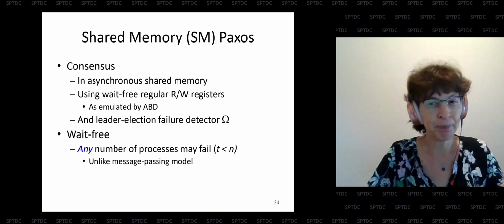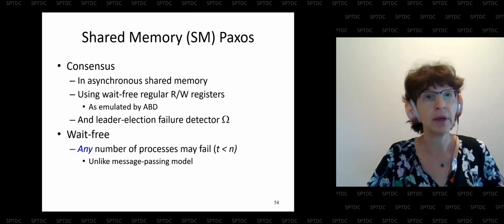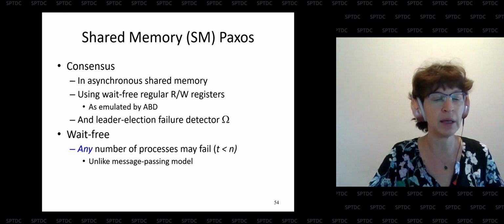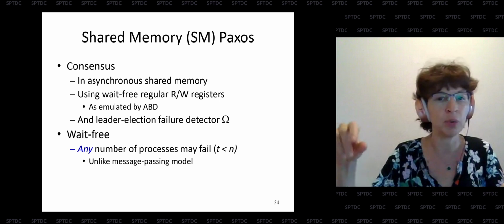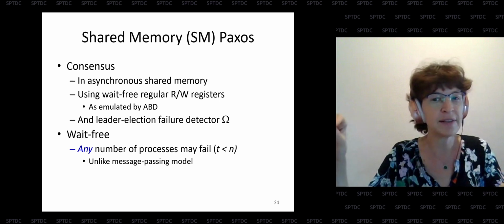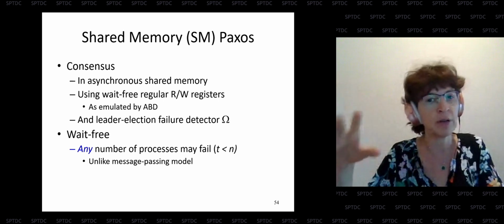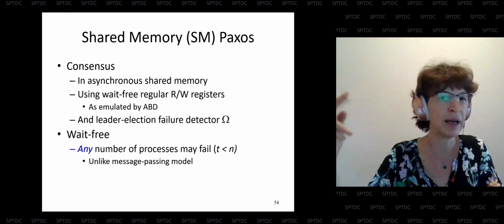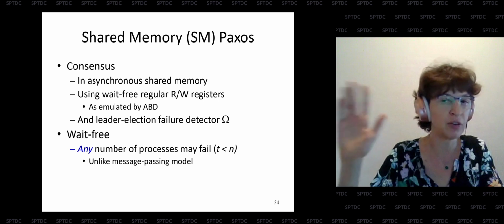This might be surprising because we know that in an asynchronous system, we need a majority to solve consensus, but we already used up our majority in the emulation of the reliable register. Maybe this will be clearer later in the talk, but the idea is that we have clients and servers, so we use a majority of correct servers to emulate the registers. Now we have the registers, we solve consensus among the clients that access these registers, and any number of the clients may fail. So now the processes are like clients.